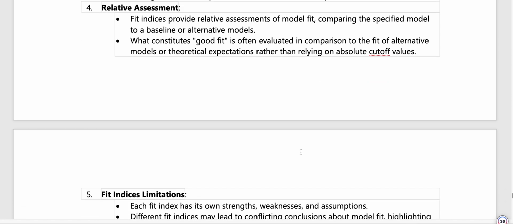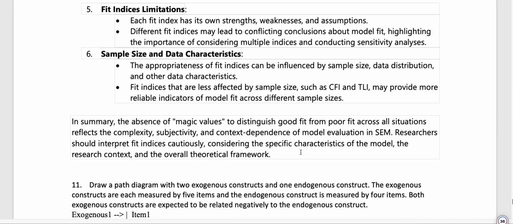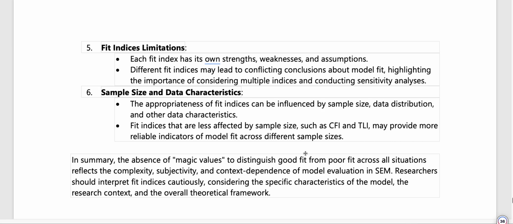on absolute cutoff values. Let's talk about fit index limitations. Each fit index has its own strengths, weaknesses, and assumptions. Different fit indices can lead to conflicting conclusions about model fit, highlighting the importance of considering multiple indices and conducting sensitivity analysis.